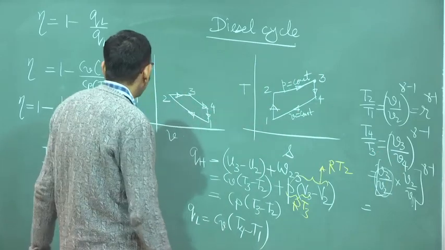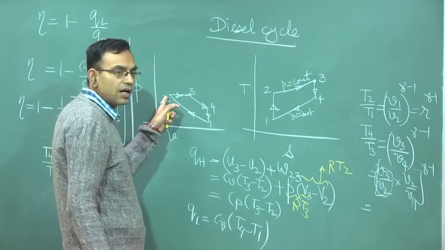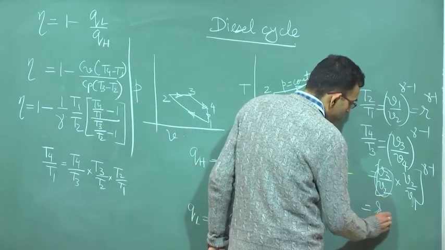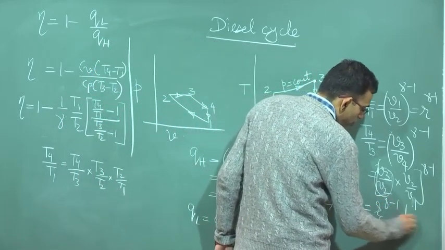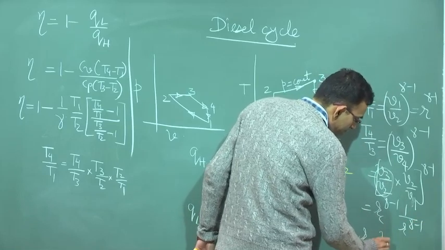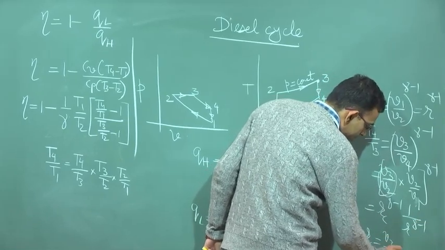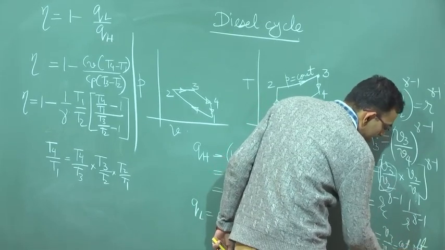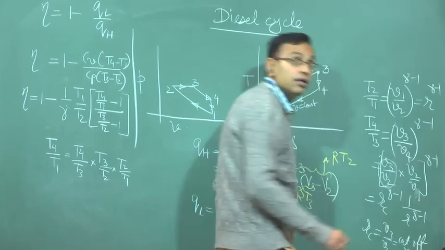V3 by V2 we call the cutoff ratio, or RC. So this is a new definition. So RC to the power gamma into 1 by R to the power gamma minus 1, where RC is V3 by V2, the cutoff ratio. Why is this called the cutoff ratio?